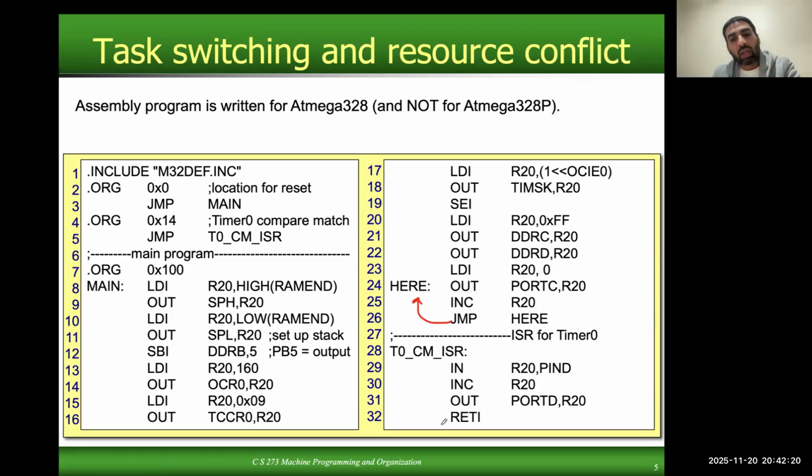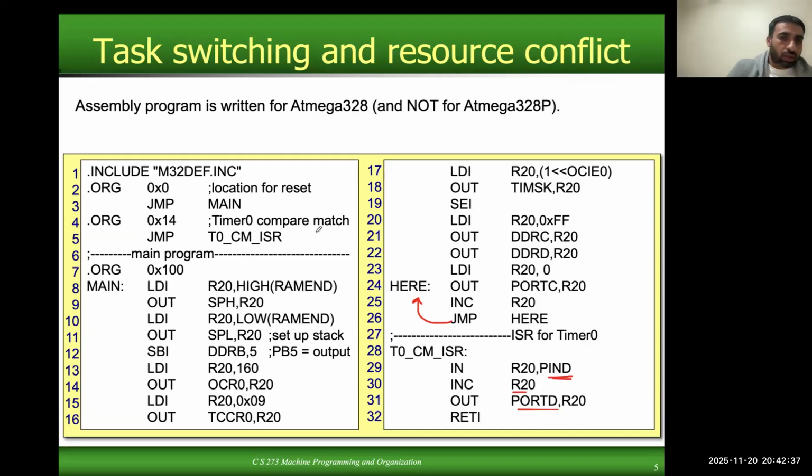So whenever an interrupt arises, we run the ISR, and in the body of that ISR, we simply read the current value of port D, increment it, and send it back to port D.